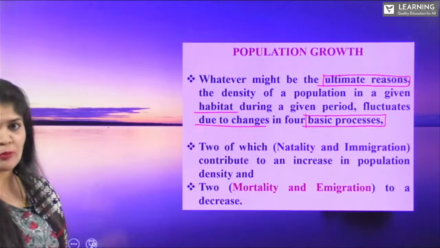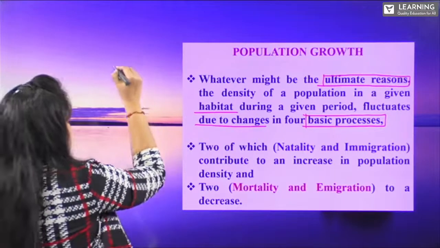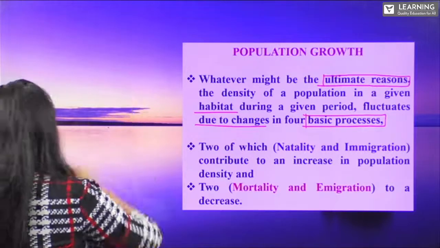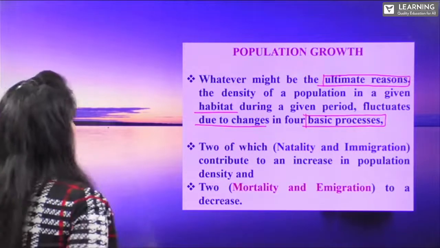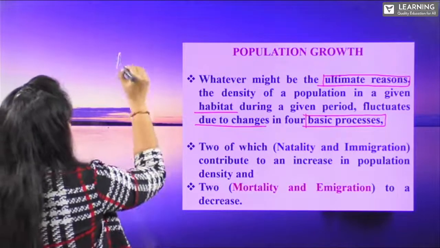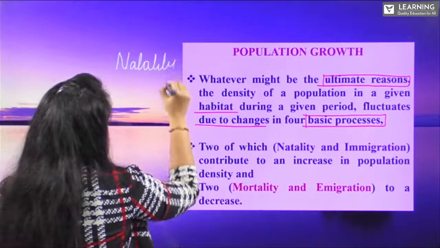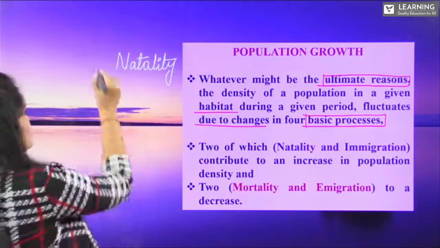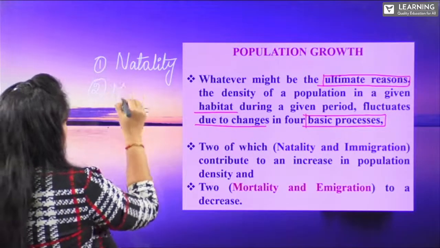And what are those 4 processes? First one, natality. Second, mortality.